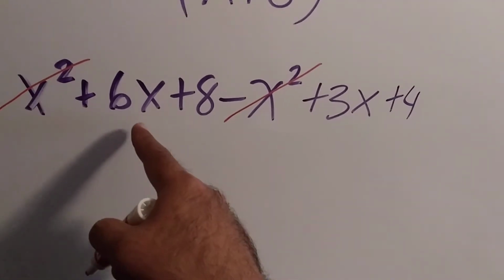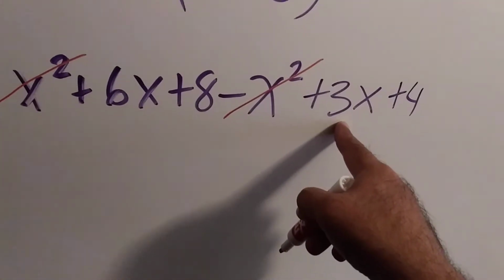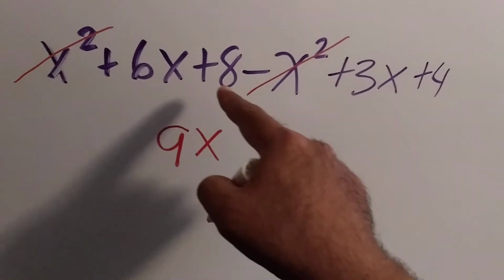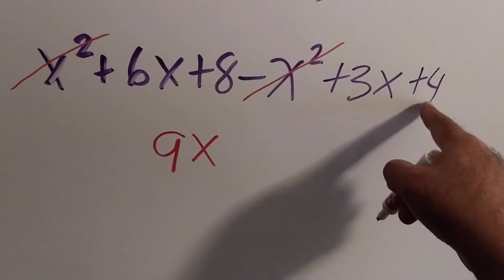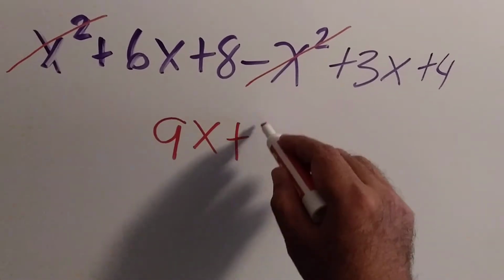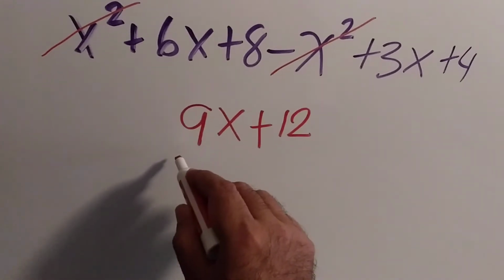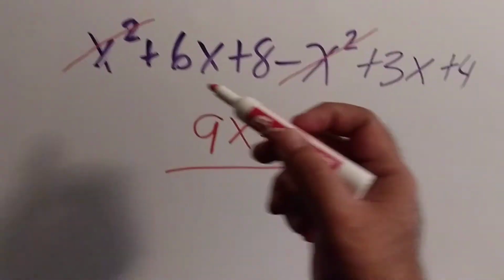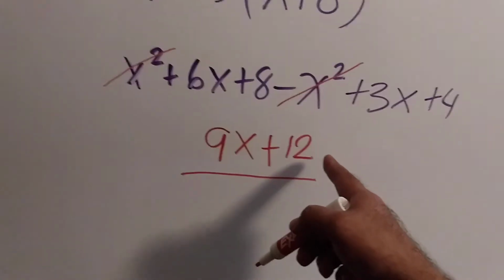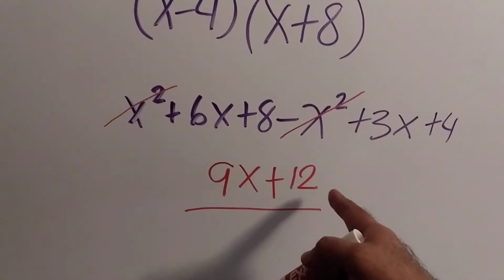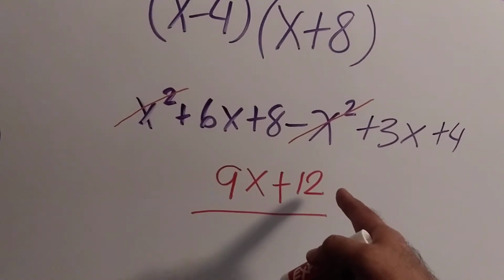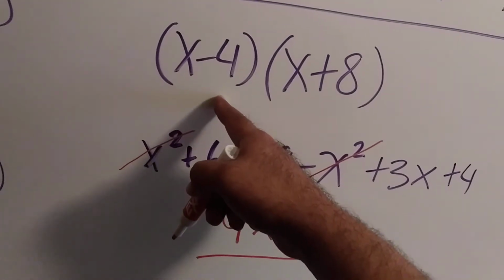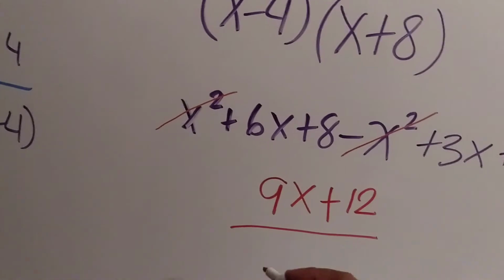We're going to collect the terms, 6x plus 3x, so that gives us 9x, and then positive 8 and positive 4 gives us positive 12. And again, this was just simplifying the new numerator, right? Once we collected the like terms. And remember that our common denominator is going to be x minus 4 times x plus 8.